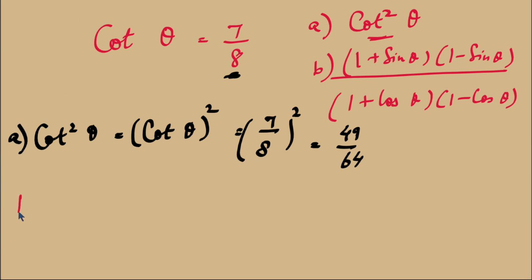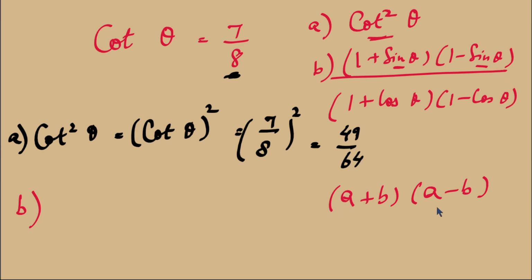Now let's work out the second one: 1 plus sine theta into 1 minus sine theta. As I told before, sine theta is finally just going to take a numerical value depending on what theta is, so you can treat it as a variable also. So what if instead of 1 plus sine theta and 1 minus sine theta, we had a plus b multiplied by a minus b? We are going to treat this just like that.